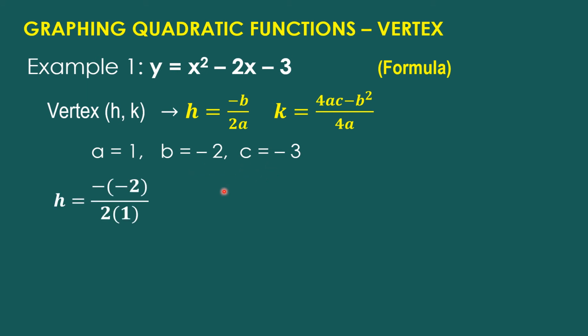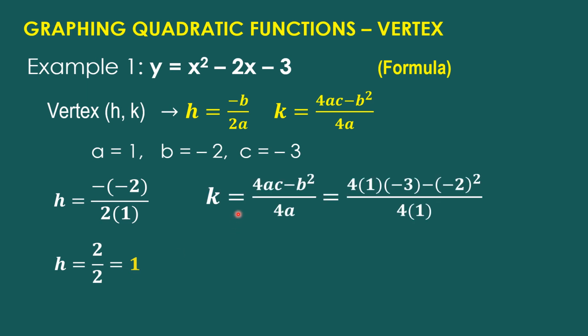Now, let us find the value of h. h is negative of -2 over 2 times 1. Negative of -2 is 2. 2 times 1 is 2. 2 over 2 is equal to 1. Therefore, h is equal to 1.